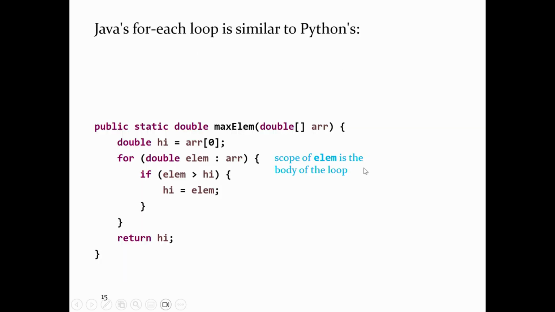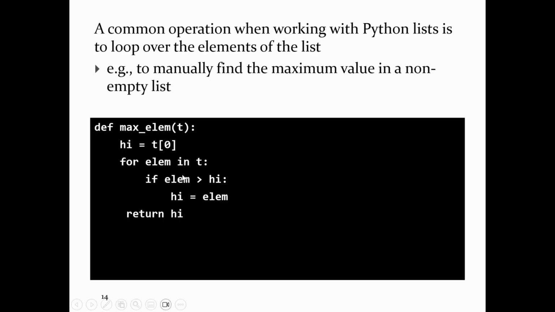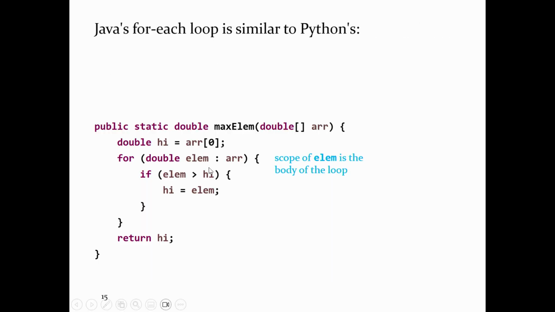Java also has a for each loop. You write it differently, but it behaves the same way. So the syntax is for, parentheses, and the parentheses are required. Now instead of elem in T, you write elem colon, and then the array that you want to loop over.